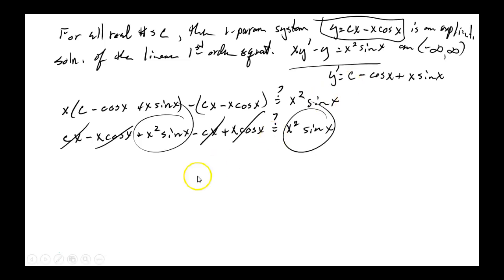Now, just like we were saying before, if you had an nth order differential equation, you're going to need n parameters. So now we'll do a two-parameter system. Here's y is equal to c1 e to the x plus c2 x e to the x.